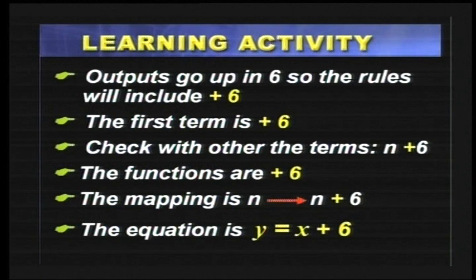The mapping diagram, you should have n, an arrow, n plus 6. When you are drawing the diagram, that's what you have in your diagram. The two number lines, the direction of which number from the input to the output. And the equation, in terms of x and y, y equals x plus 6. The same information is also on the chart, so if you are still confused, it will be placed up for you to follow through.